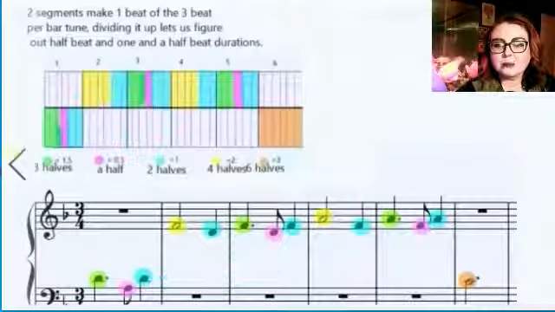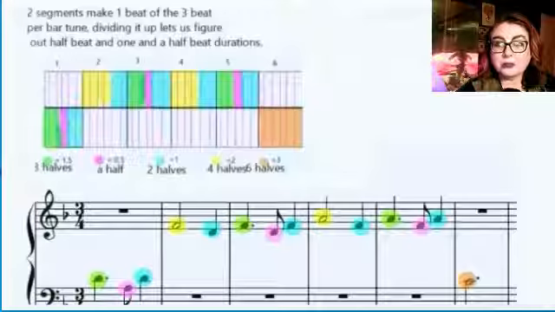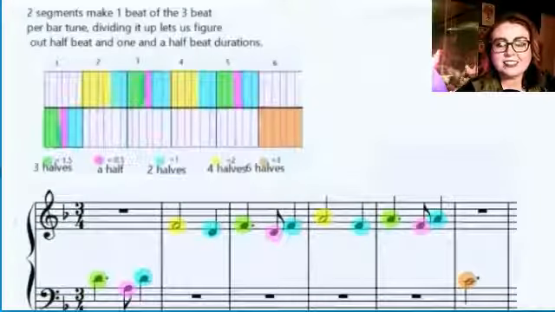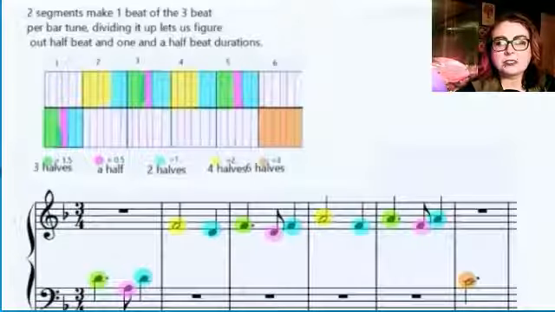Bump, bump, bump, bump. Here we go again. Still doing 6 beats. Oh, good lord.